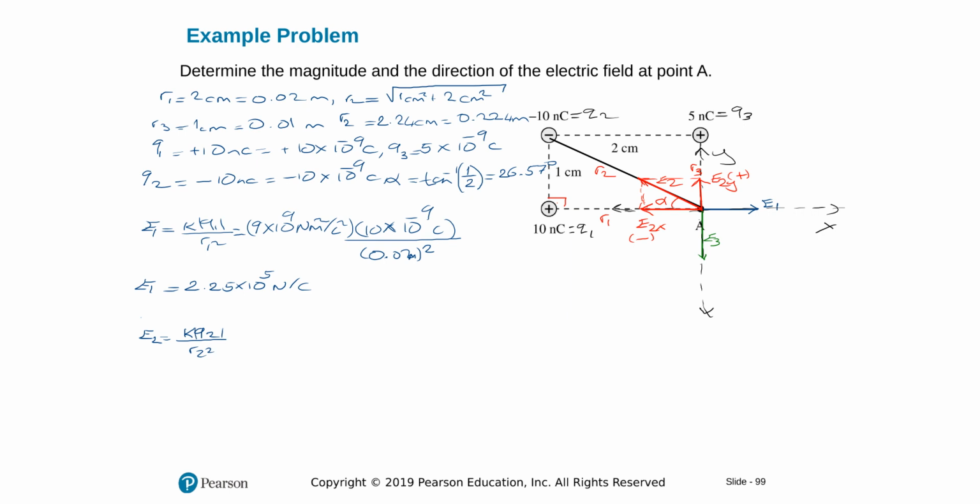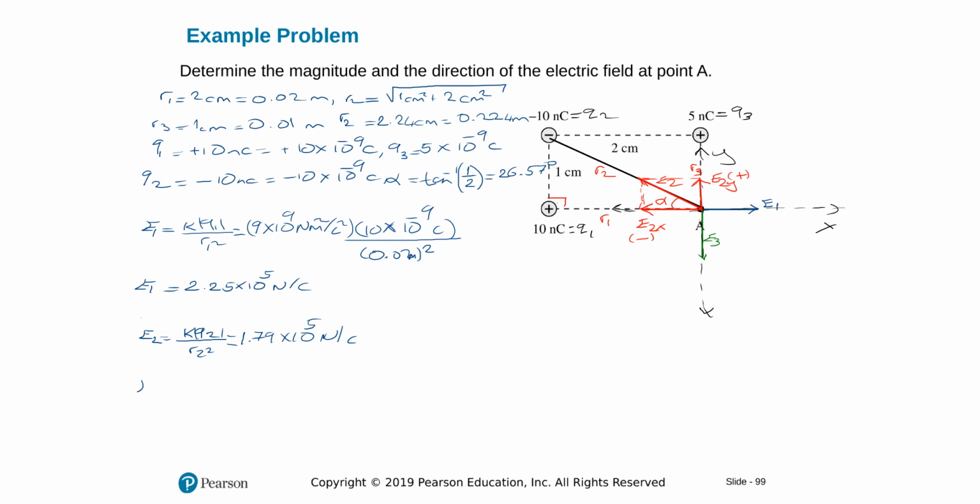We find the R2 value here, 0.224 meters. When we put the values, we'll find E2 as 1.79 times 10 to the 5 Newton per coulomb.